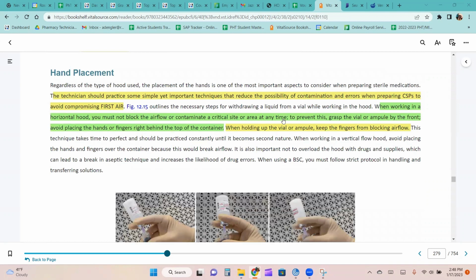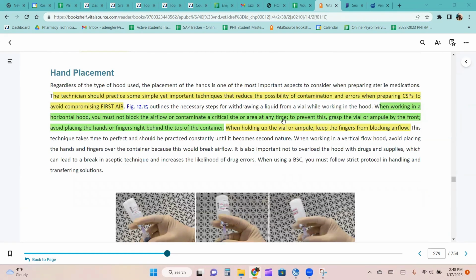Regardless of the type of hood used, the placement of the hands is one of the most important aspects to consider when preparing sterile medications. The technician should practice some simple yet important techniques that reduce the possibility of contamination and errors when preparing CSPs to avoid compromising first air. When working in a horizontal hood, you must not block the airflow or contaminate a critical site or area at any time.